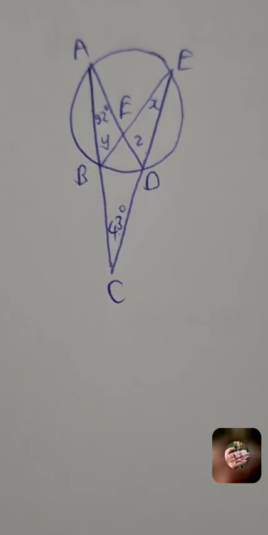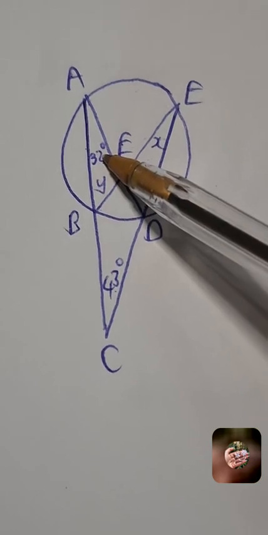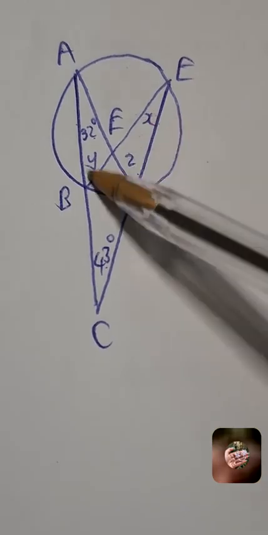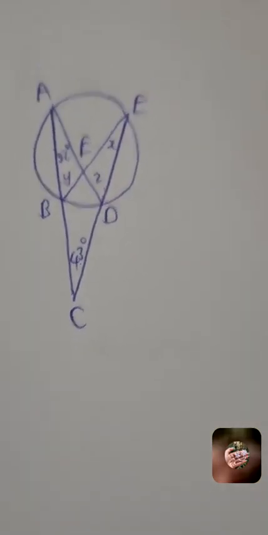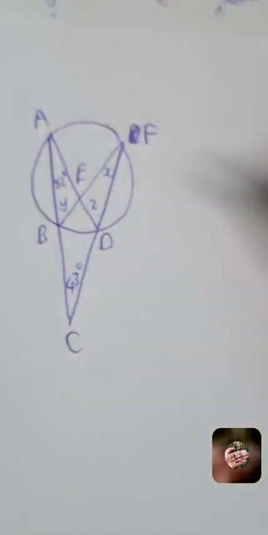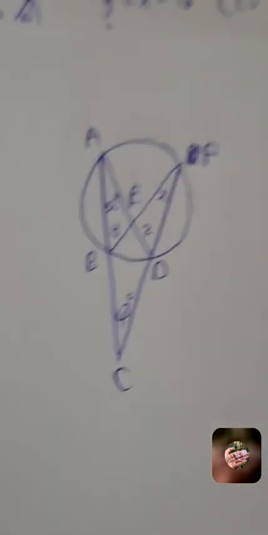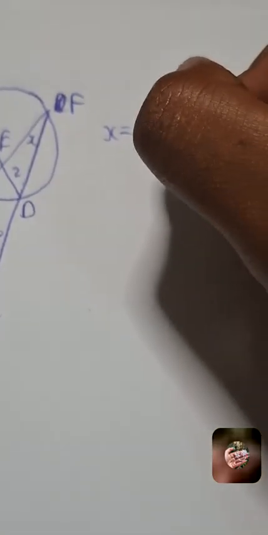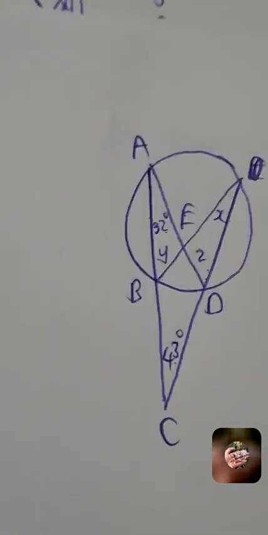Okay, now the first thing I see, angle A, which is equal to 32 degrees, is also equal to angle F, which is X. Sorry, that was supposed to be F, not E. So X is equal to angle A, which is 32 degrees.